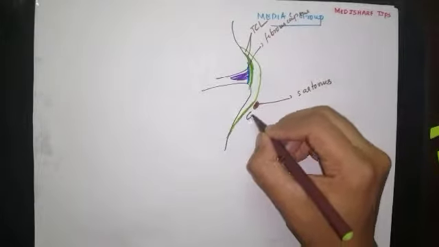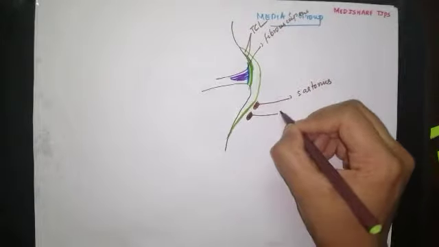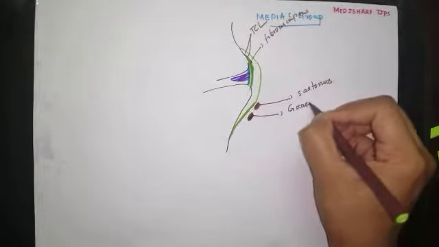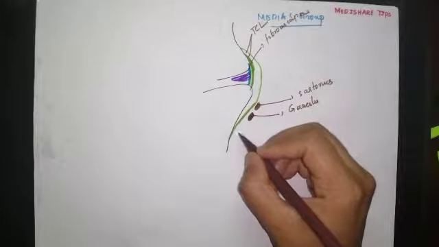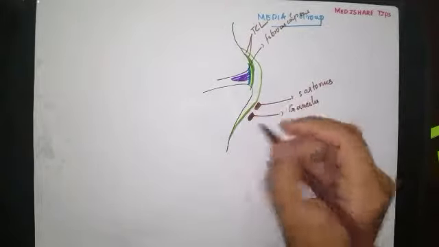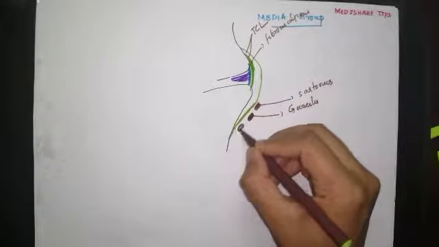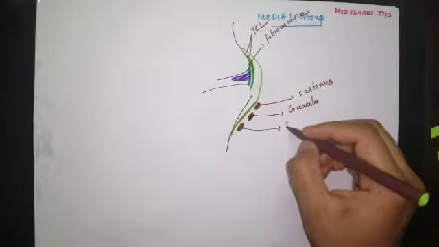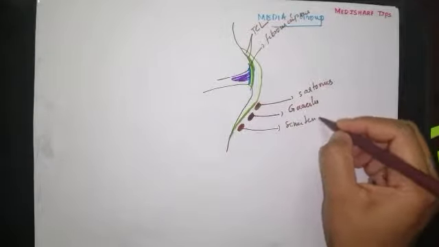Another muscle, from the medial compartment, is the gracilis, and another, a muscle of the posterior compartment belonging to the hamstrings, is the semitendinosus.